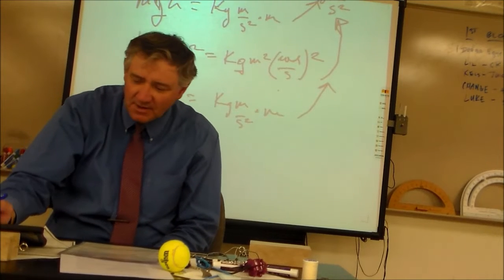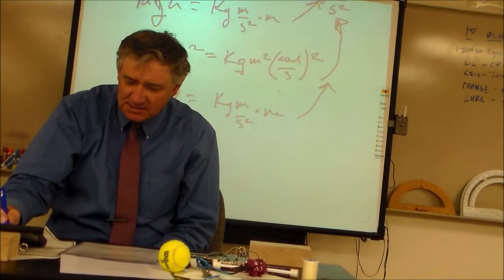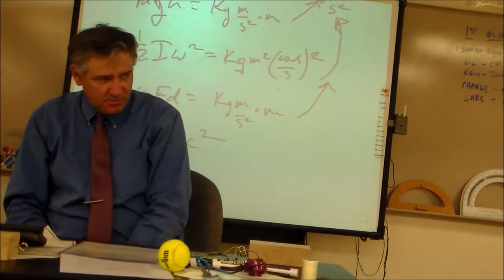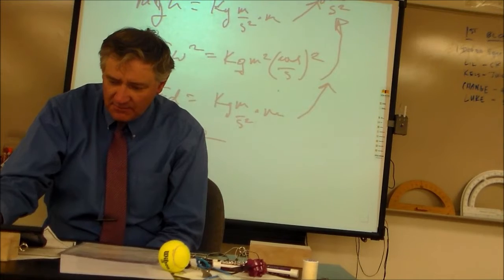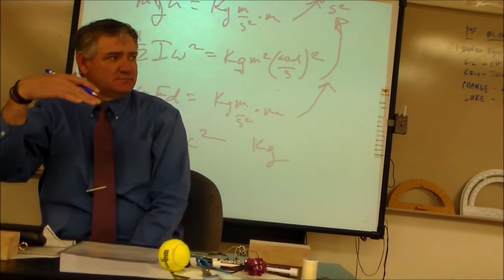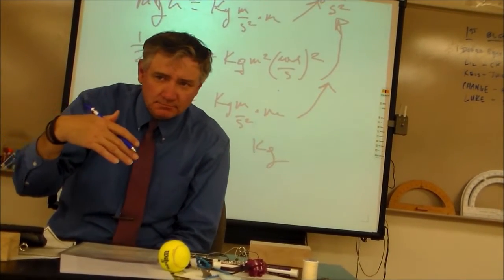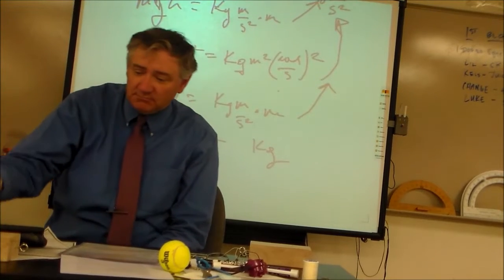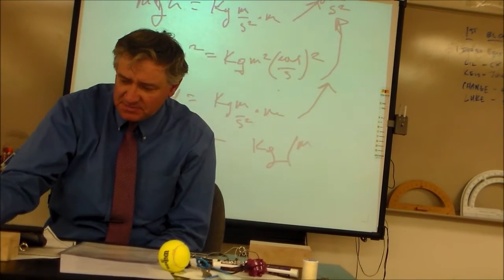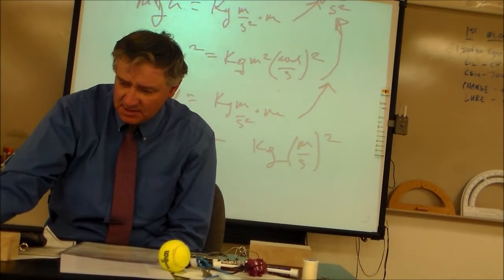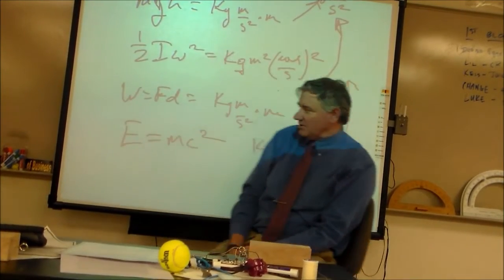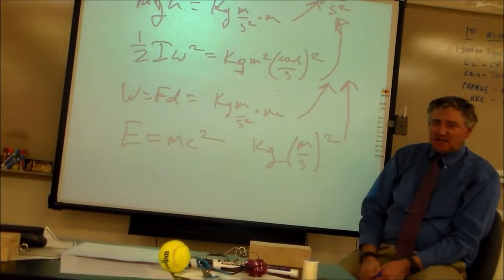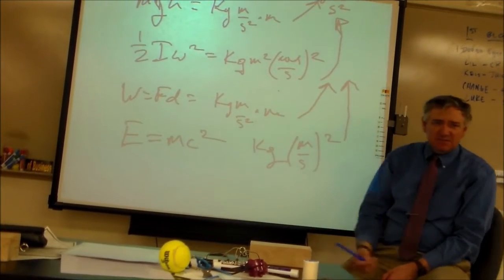Now, if you look at Einstein's equation, Einstein's most famous equation is E equals mc squared. Okay? Well, look at the units. You have kilograms. Anybody know what c is? Speed of light. Okay? Speed of light, that's in meters per second, and that's going to get squared. So oddly enough, you get kilograms meters squared over second squared. So Einstein's equation had to be E equals mc squared.